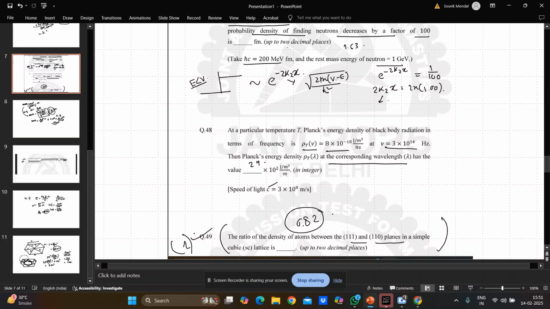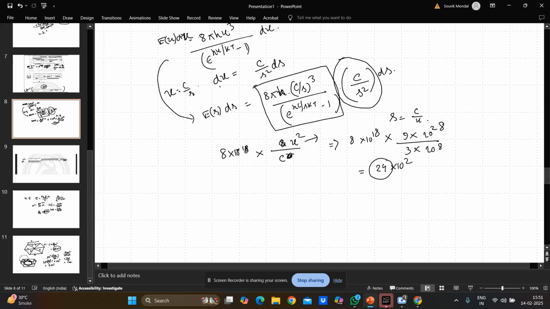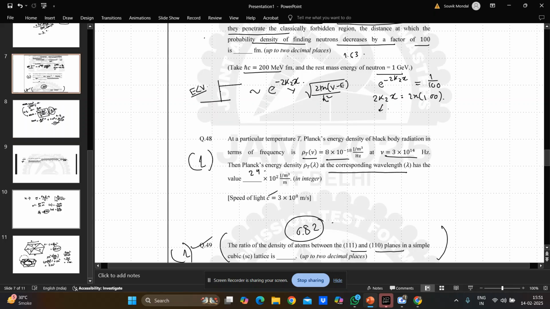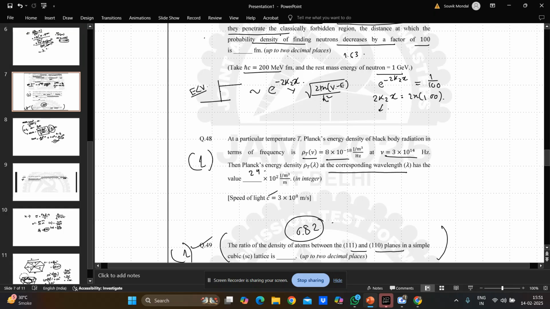This 1 mark you should get. 48 you should get. 47, a little difficulty may arise in the calculation of this K2. What I showed was the technique, h cut c square into m c square. So in 47 you may have little difficulty, so I am crossing it.